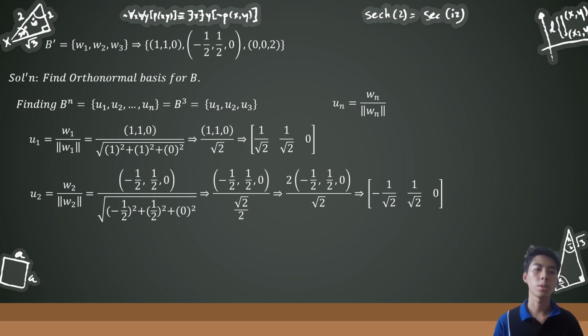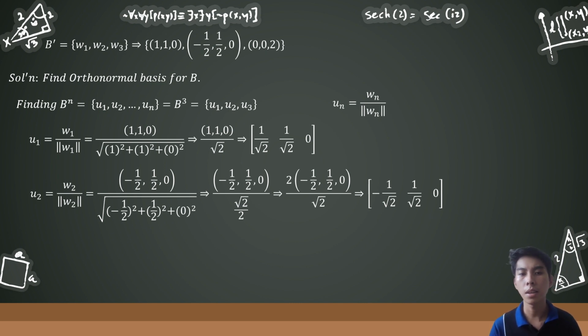So we have u sub 2 is equal to vector w sub 2 all over the unit length of w sub 2, which is the vector negative 1 over 2, 1 over 2, and 0, all over the square root of negative 1 over 2 raised to 2 plus 1 over 2 raised to 2 plus 0 raised to 2, which equals the square root of 2 over 2. And we simply copy the values of our w sub 2: negative 1 over 2, 1 over 2, and 0.